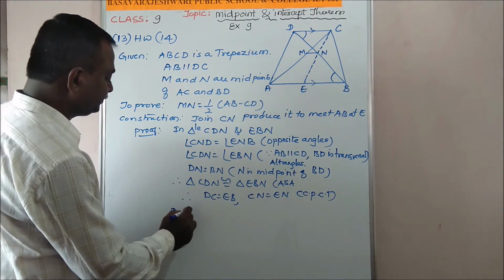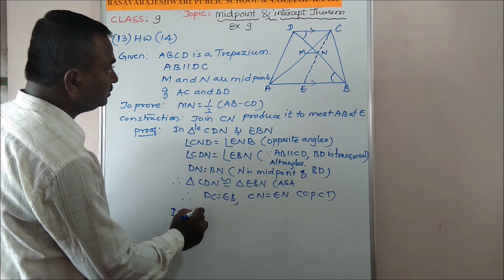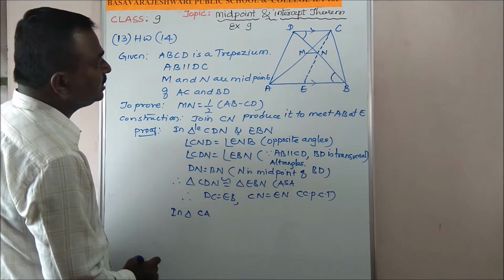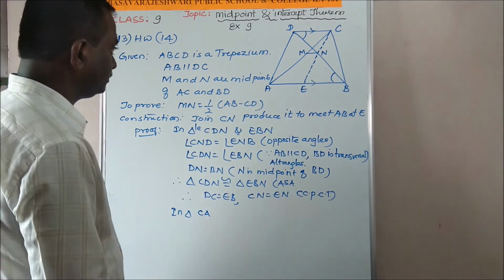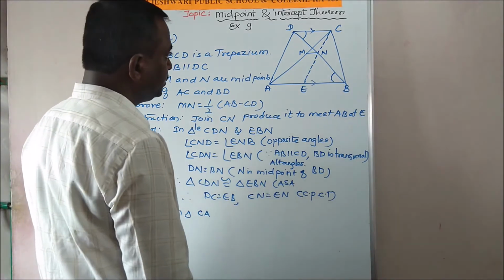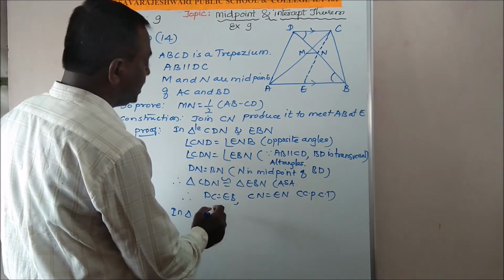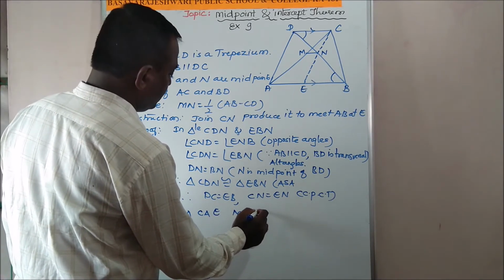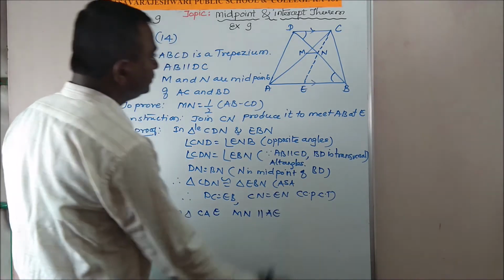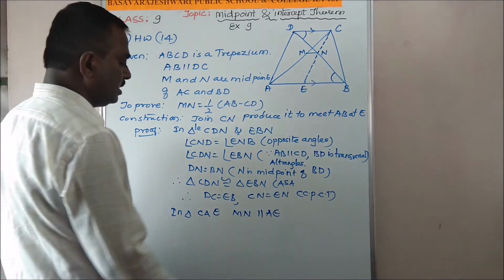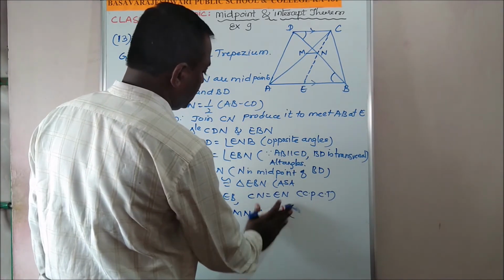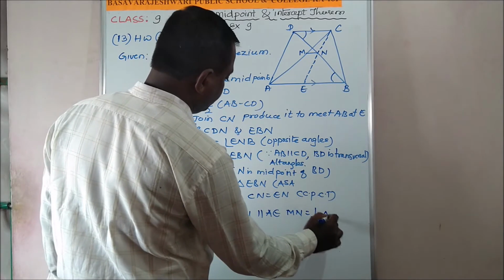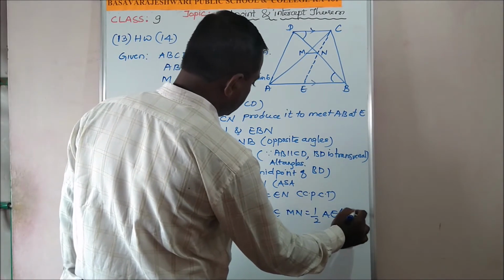So in triangle CAE, CN is equal to EN, and MN is parallel to AE. MN is equal to half of AE by the midpoint theorem.